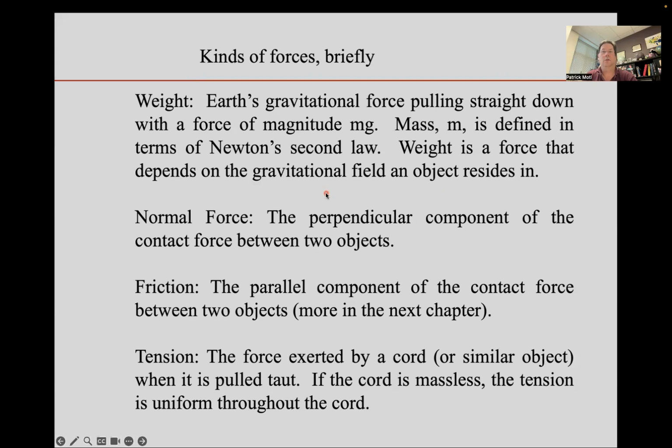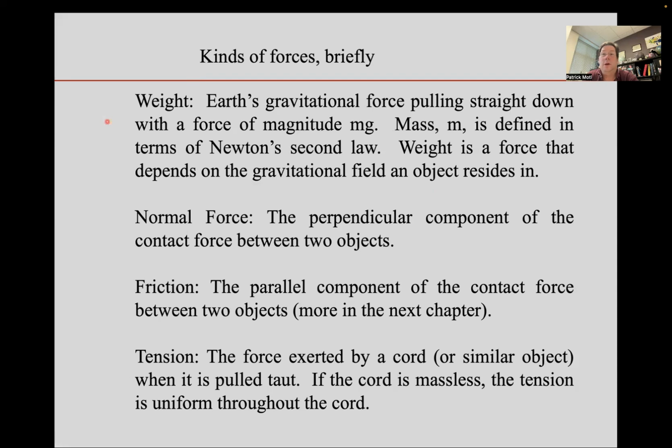All right, so first we have weight. This is the pull of Earth's gravity on everything that has mass. It has the following characteristics.